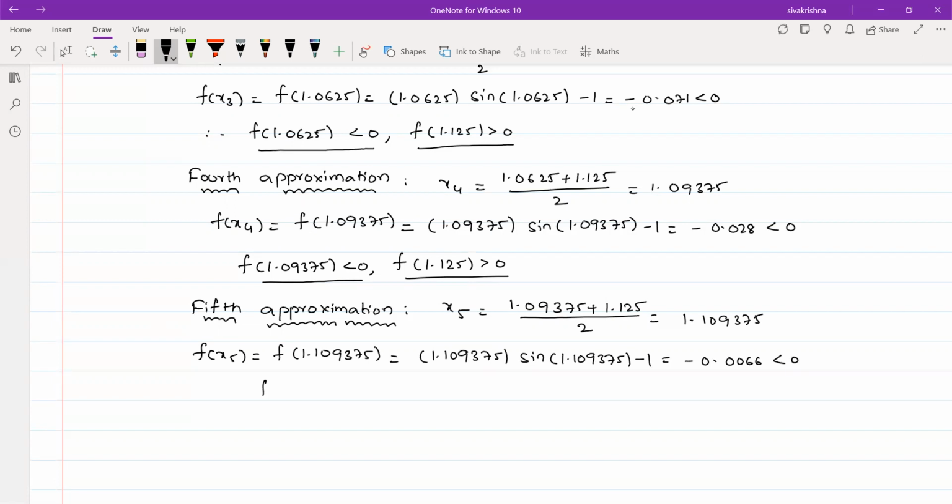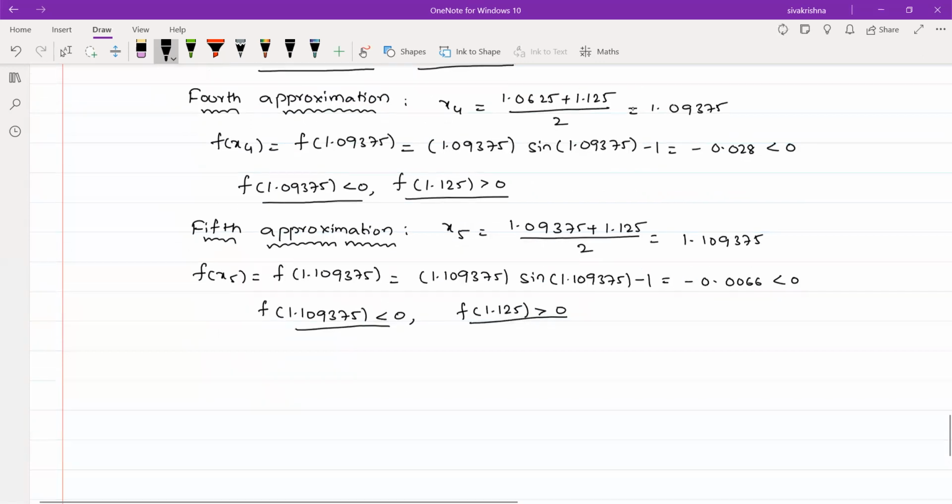So f of 1.109375 is negative. Since it has a negative sign, from the above step we have to carry the number with a positive sign, and that number is 1.125. With these two terms, I am going to calculate the next approximation.